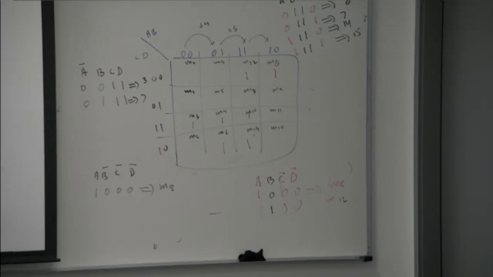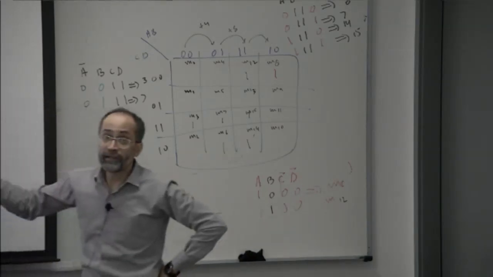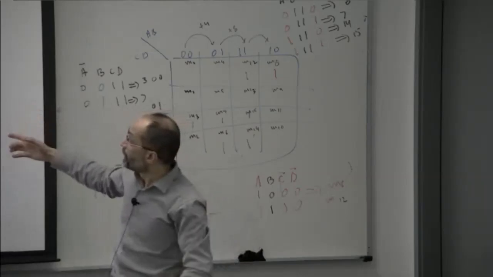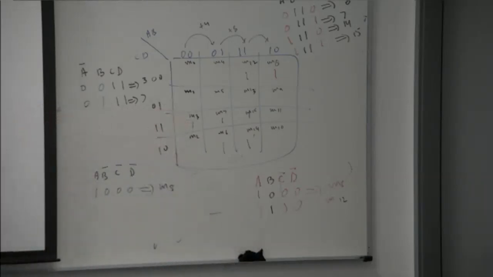Sum of product. If it's a sum of product, we are interested in min terms, and for min terms we put 1. For max terms we put 0. So in this expression we put 1 in all the relevant squares.